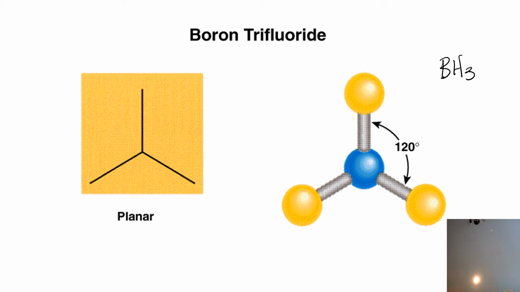Some other structures we've looked at that also have this trigonal planar geometry are two of our polyatomic ions, nitrate and carbonate. Also, sulfur trioxide.